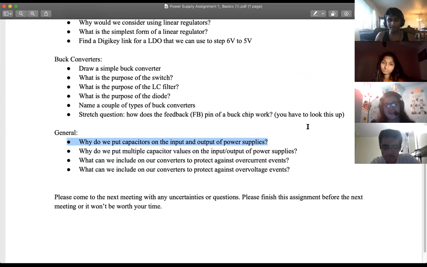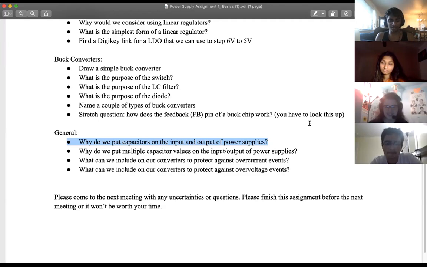If there's too much voltage, then the capacitor will hold some of it so the correct amount flows. And if it's not enough, it will give off some of the energy so that the correct amount is always present. Precisely.